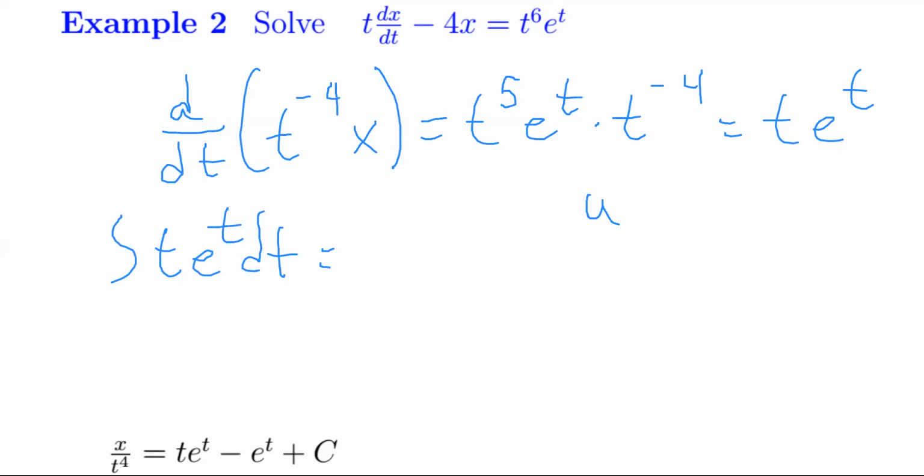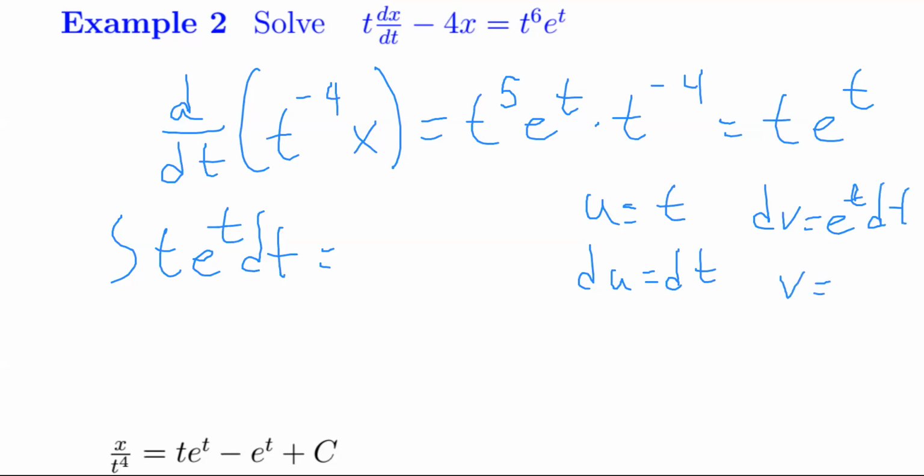So we have u is equal to t, which will give us du is equal to dt. And then we're going to take dv is equal to e to the t dt, or v is e to the t. So integration by parts says that this is equal to uv minus the integral of v du.